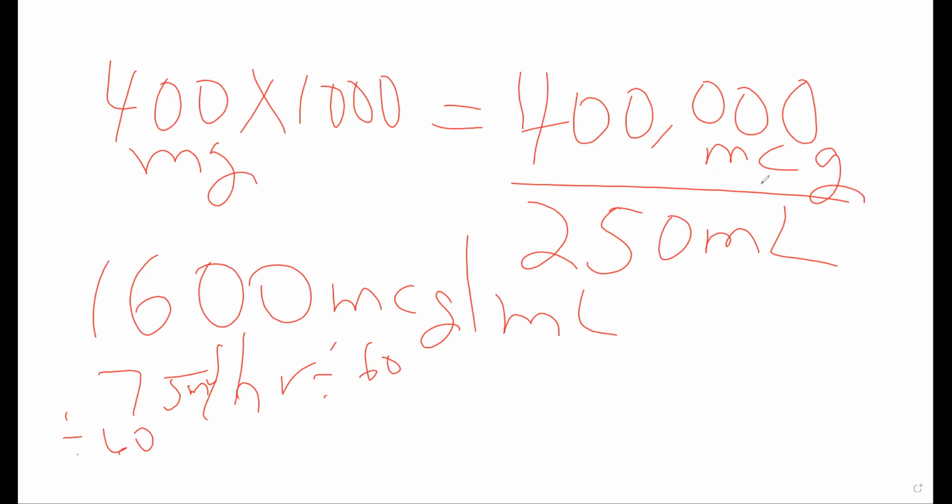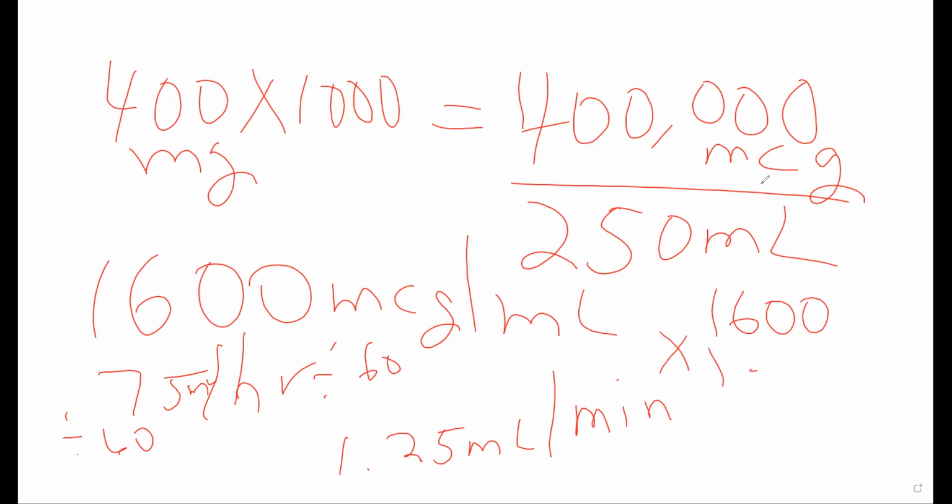And that tells you that it's running at 1.25 mLs per minute. All right. I have 1,600 micrograms per ml. So I took the 1,600 and I multiplied that by my 1.25. That gave me 2,000.